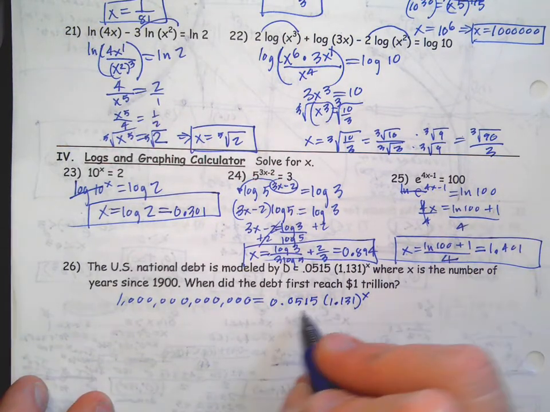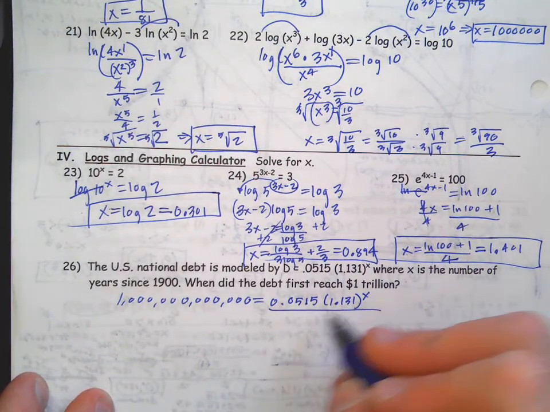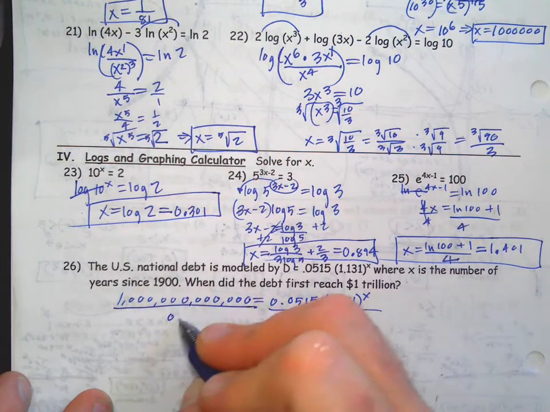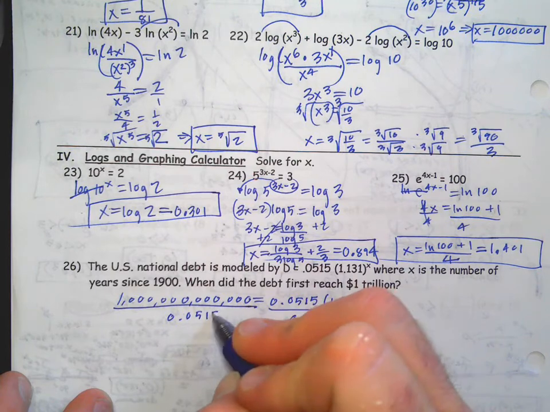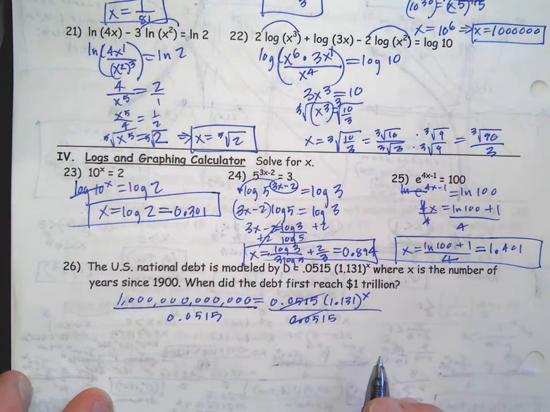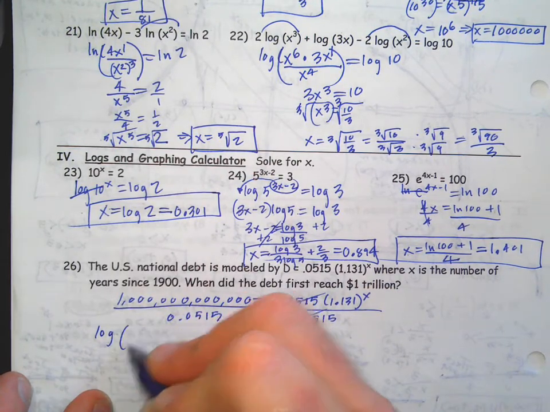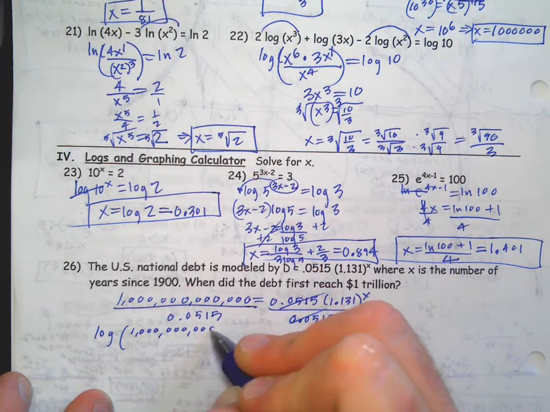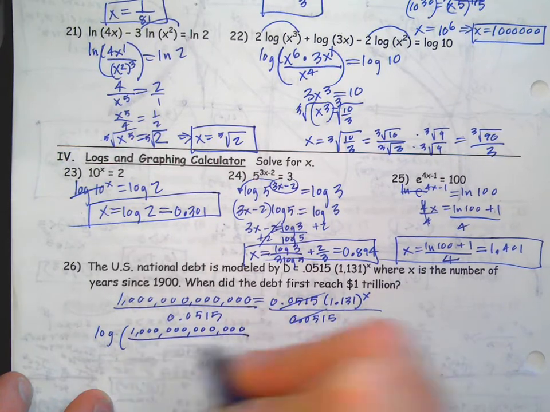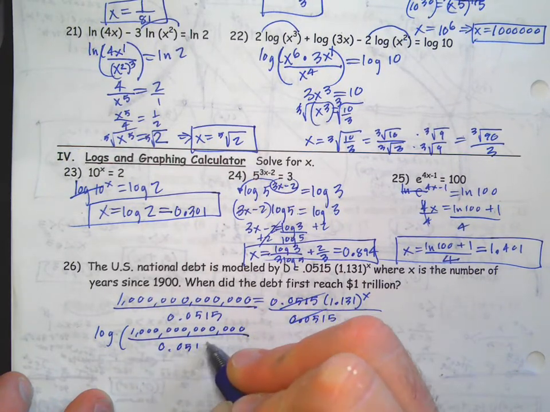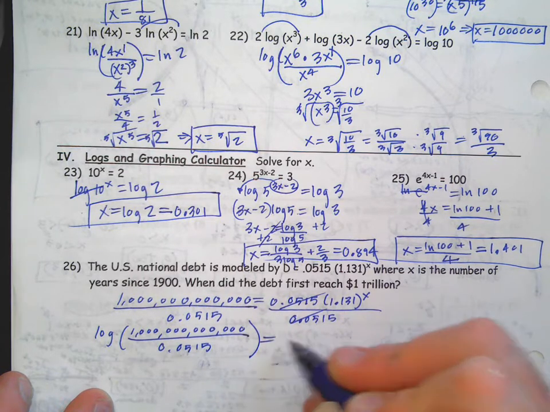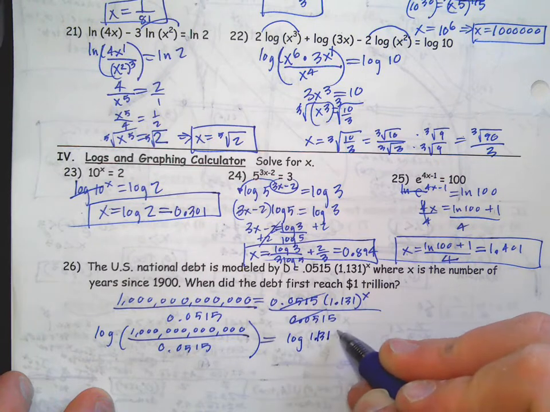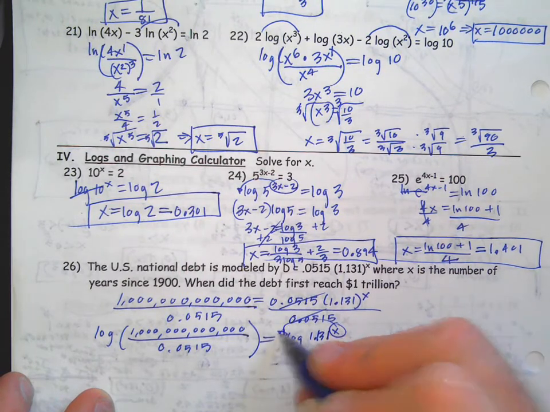So before you want to undo things backwards, reverse order of operations. So we're going to divide both sides by that. And then we're going to take the log of both sides. And then we can move the x in front.